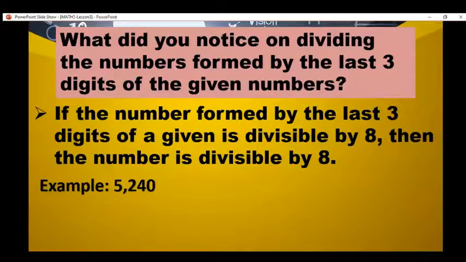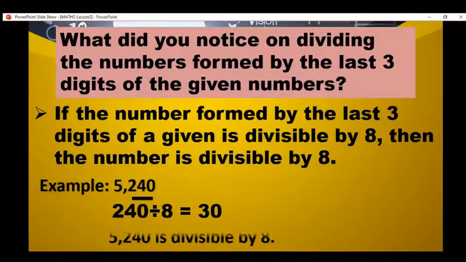Okay, what are the last 3 digits there? Very good, that is 240. So we will use it to divide by 8. So 240 divided by 8, we got 30. So we can say that 5,240 is divisible by 8.